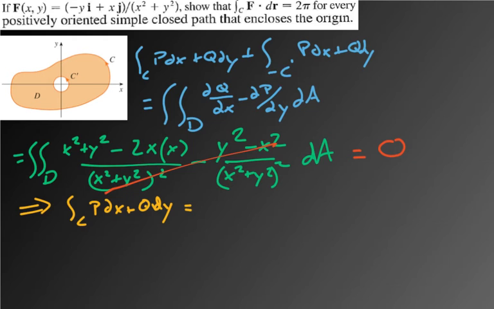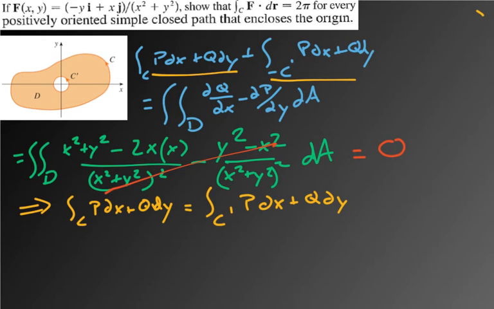Instead of going this way around, I'm going to go back to counterclockwise. So this line integral equals the negative of this one, and I do the negative by doing C prime, the circle in the counterclockwise orientation.